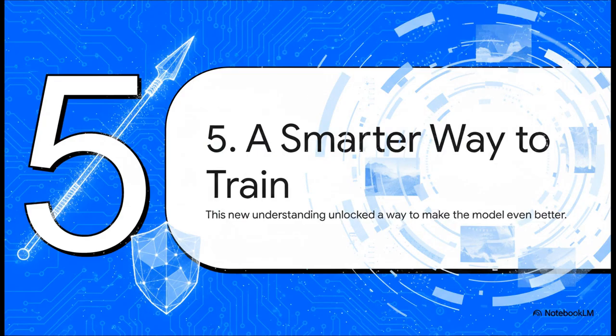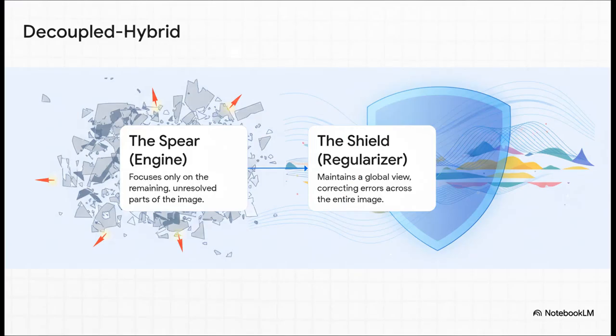Okay, so this is where it gets really exciting. This discovery isn't just some academic thought experiment. By finally understanding that the spear and the shield have different jobs, the researchers could actually figure out a smarter way to train them, leading to even better performance than the original method. They created something they call the decoupled hybrid schedule, and the logic behind it is just beautiful.